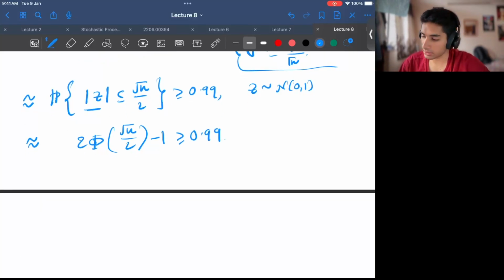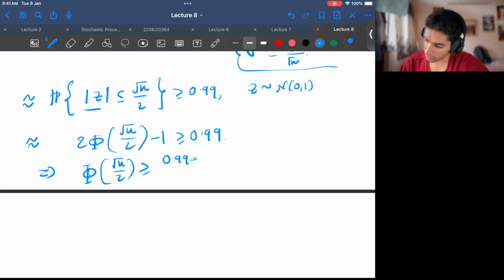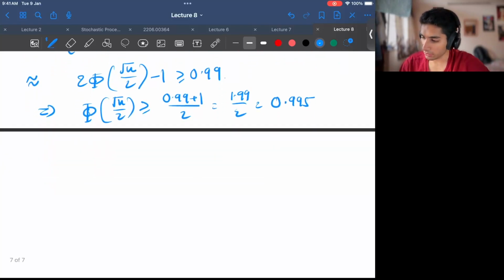And if this is the case, this implies that phi of root n by 2 has to be greater than equal to 0.99 plus 1 by 2. This will become 1.99 by 2, which is 0.995.